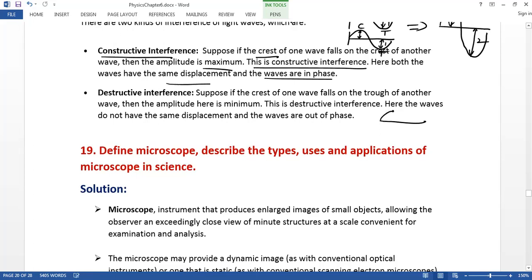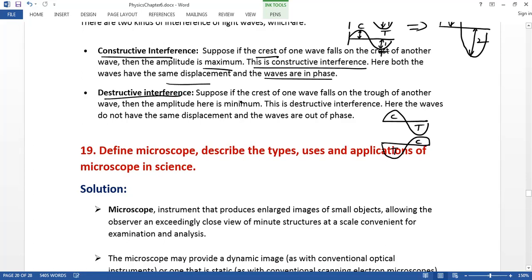I'll draw the diagram one more time. See, this is the crest, this is crest and this is trough. This is wave 1. And this is wave 2, and this is trough and this is crest.